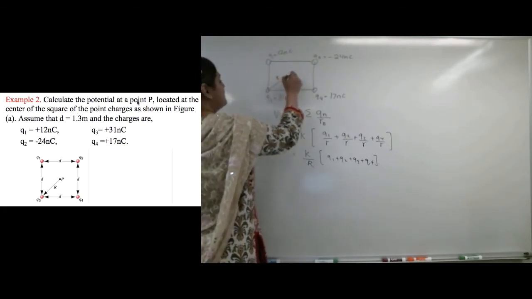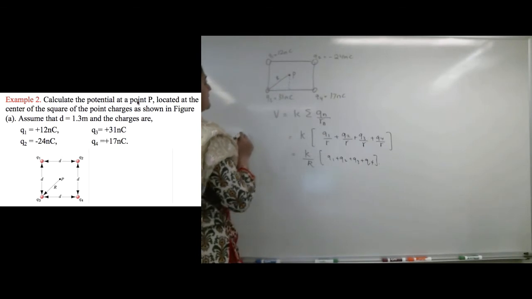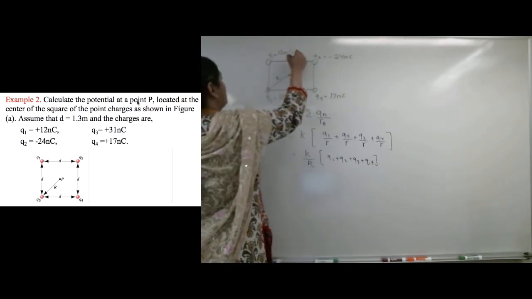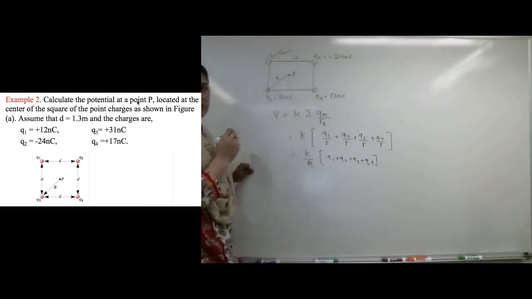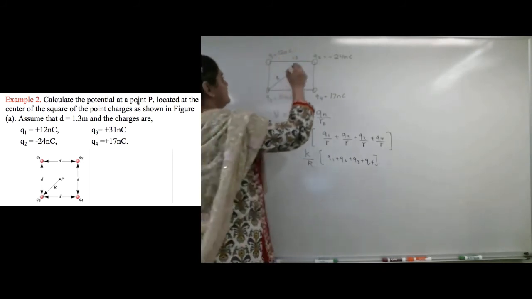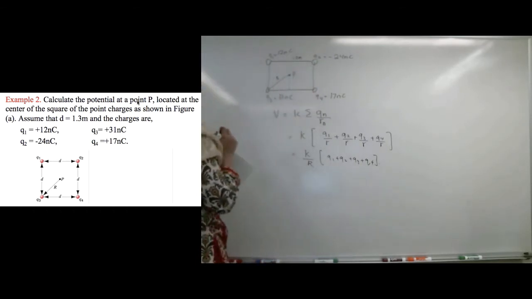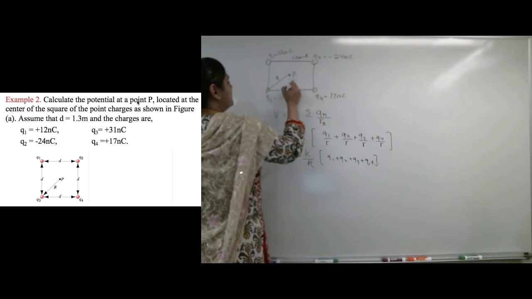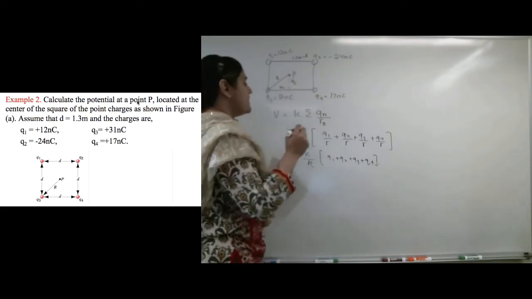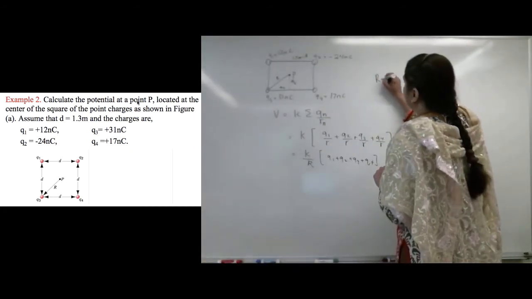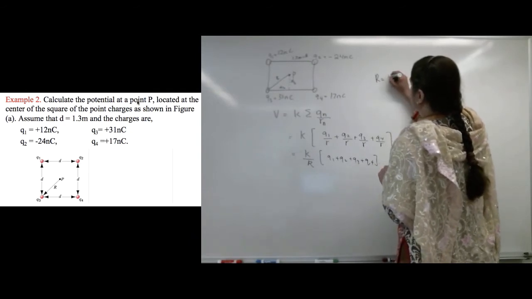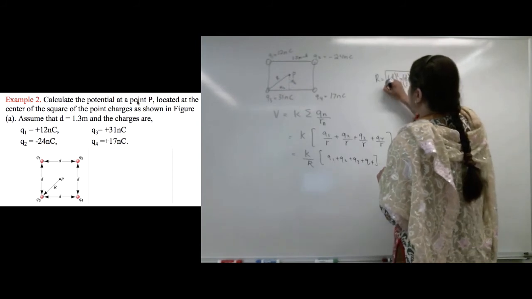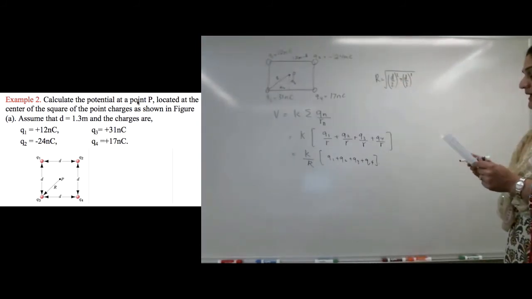And finding R is easy because I'm going to use my Pythagorean theorem. One side of this square is 1.3 meters. I'm going to call this D, so this is going to be D over 2, and this is also going to be D over 2. So R will be the square root of D over 2 squared plus D over 2 squared, using our handy-dandy Pythagorean theorem.